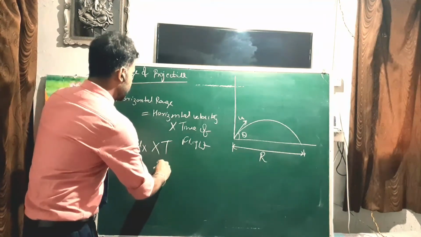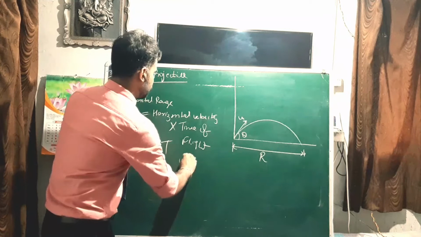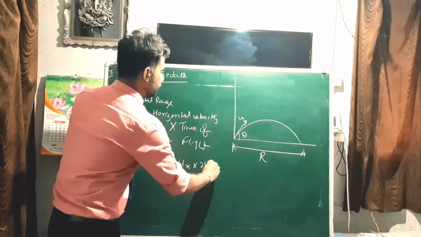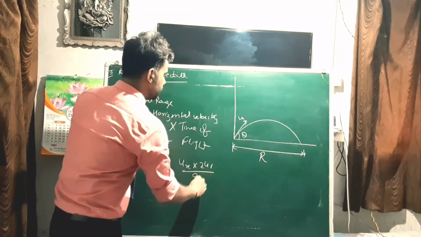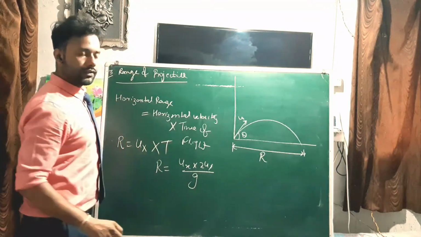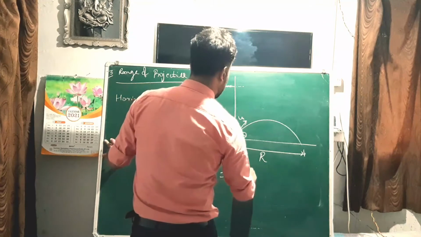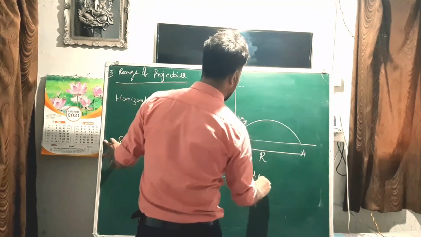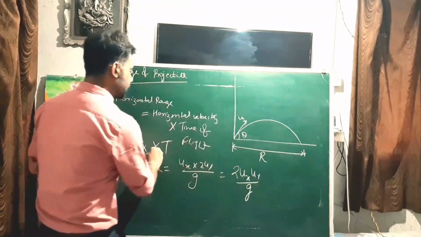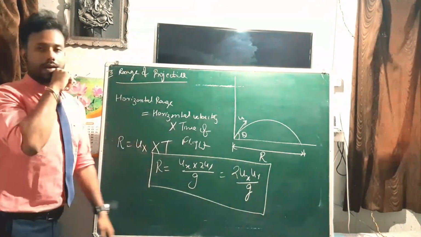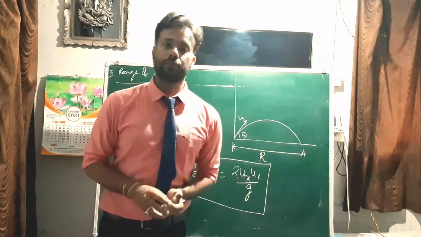So r can be written as ux into 2uy upon g. So this is our first formula. Take 2 to this side, it will be 2ux uy upon g. So this is the first formula for the range of the projectile.